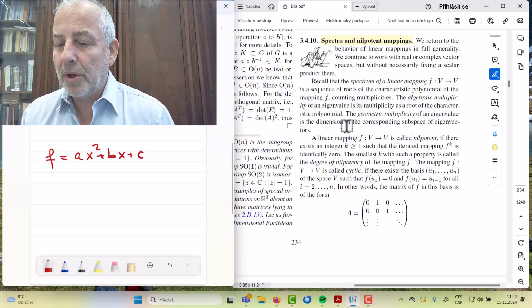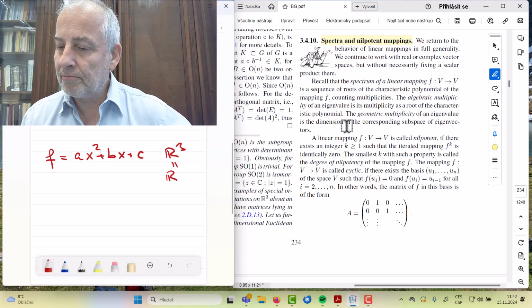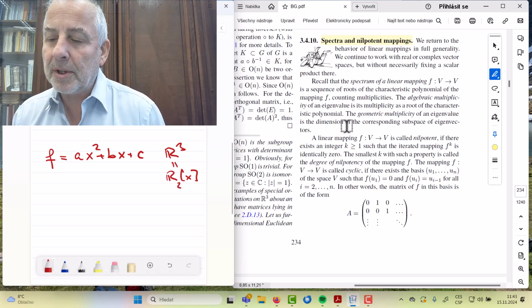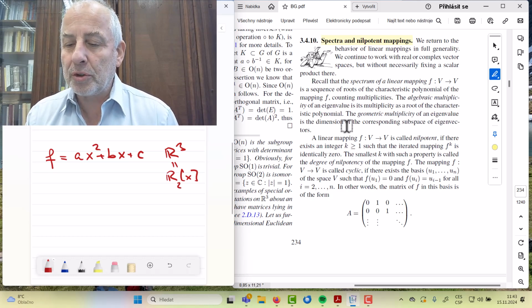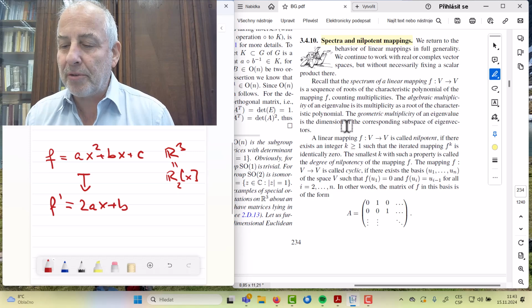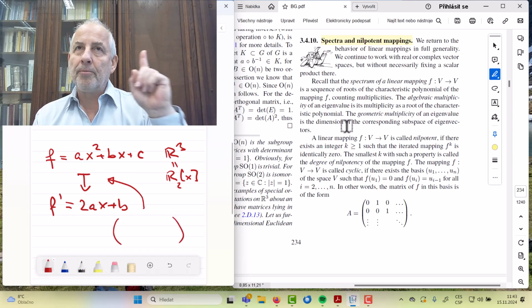So you have a vector f in R3, which is the same as R[x] of up to second order. And of course, if I map this to f dash, then I get 2ax plus b. And so you see the matrix which I have to write, so this will be the matrix, and which matrix will it be? I have to map the basis vectors.